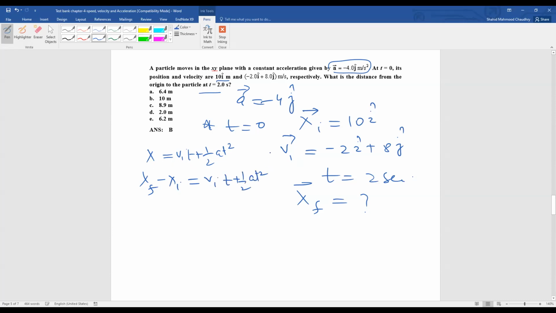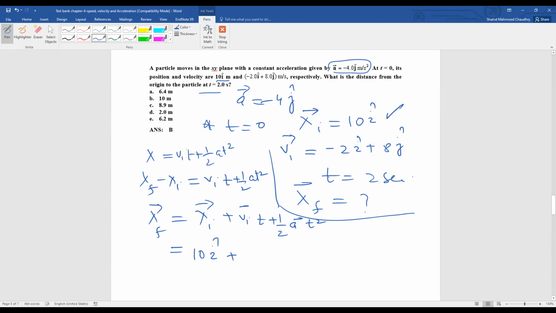This is the complete equation. So here we will apply this equation. Here xf in vector form is equal to xi in vector form plus vi in vector form times t plus 1 over 2 a t square. So xi is 10i.